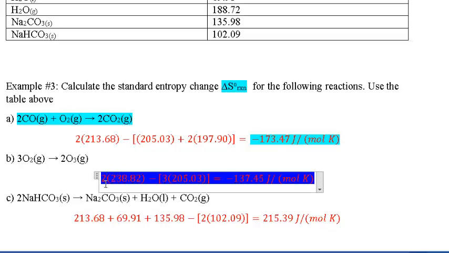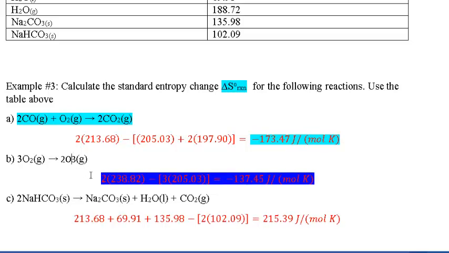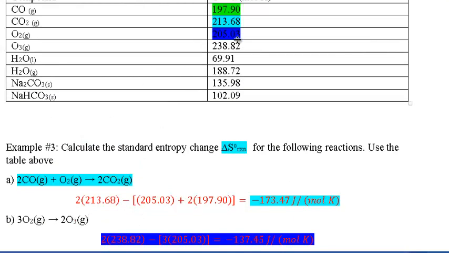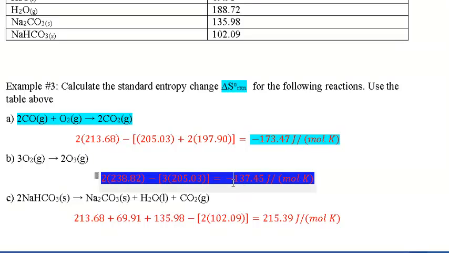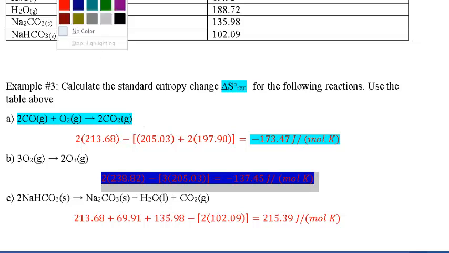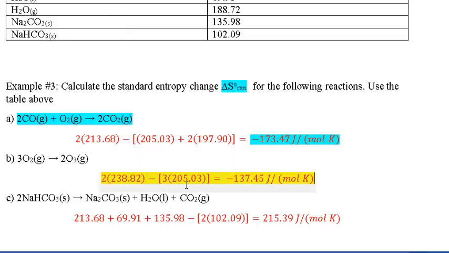So don't forget to multiply the value by the stoichiometric coefficient. And so I multiplied 2 times 238.82 minus 3 times O2 gas. That value is 205.03. And just as we've seen before, the negative sign tells us that we're heading more towards order rather than disorder. Okay.